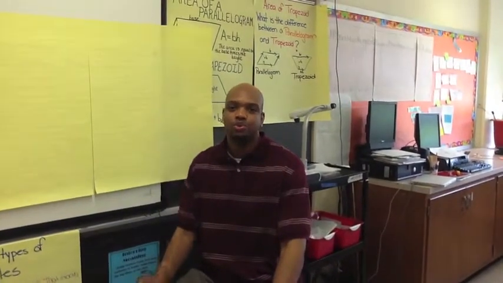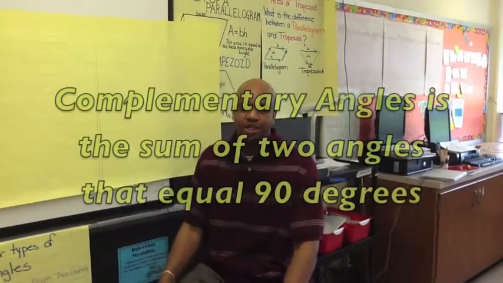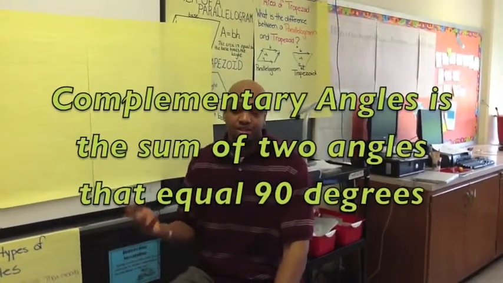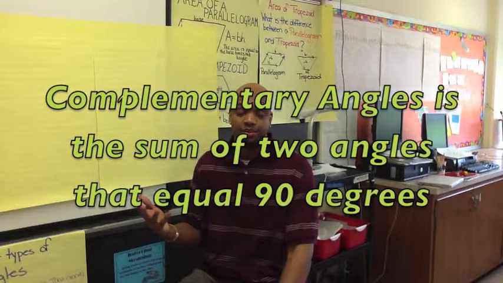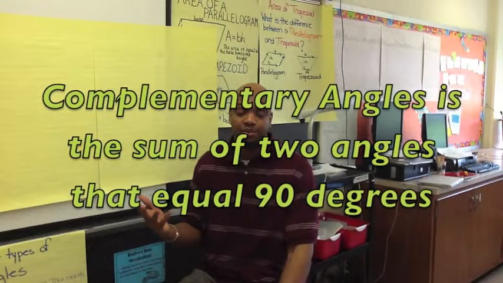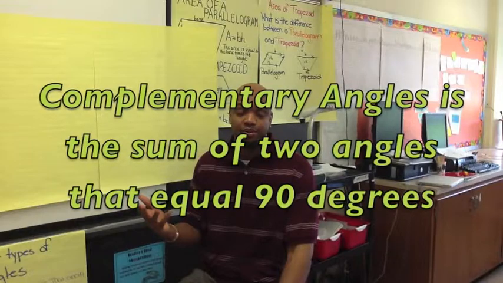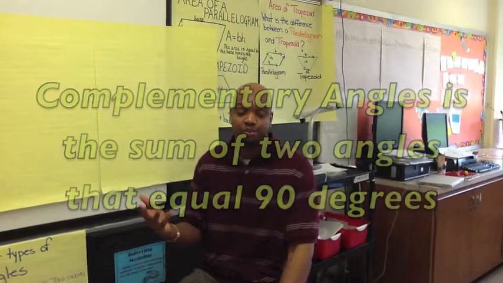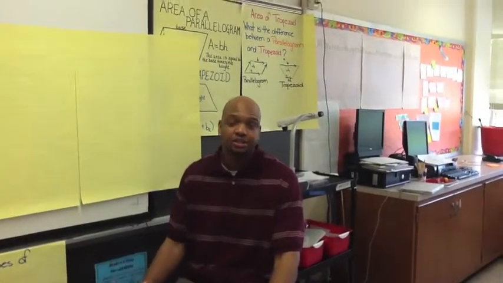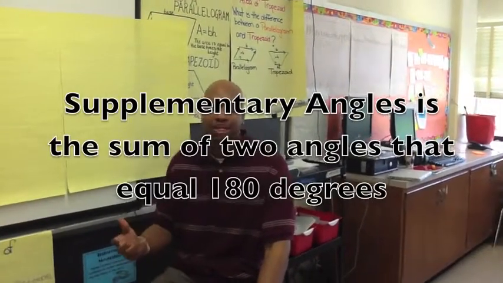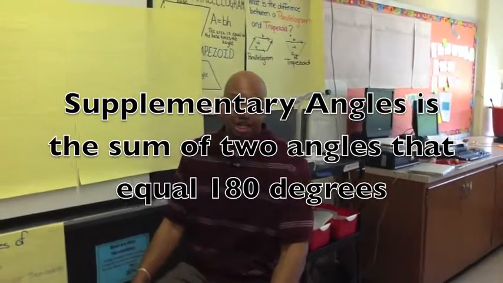A complementary angle is 2 angles that, when you add them together, equal 90 degrees. Very important, write that down. Second one is a supplementary angle. There's 2 angles. When you add them together, it equals 180 degrees.